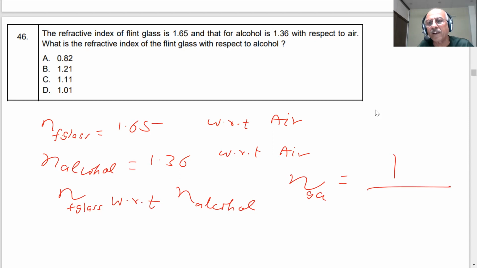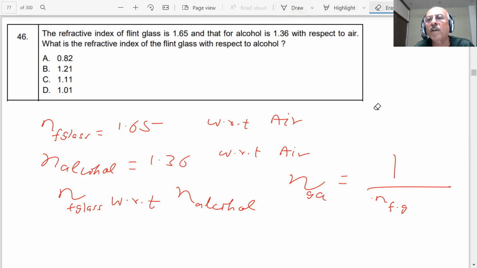So the refractive index of flint glass will come on the top, and the refractive index of alcohol will come at the bottom. So you can easily have this formula.